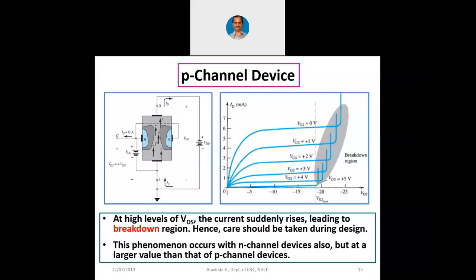Due to this reason, mobility of holes, mu p, is nearly half of mobility of electrons, that is mu n. That means mu n is equal to 2 into mu p, or mu p is equal to mu n by 2. Because of this, a p-channel device will have breakdown at a lesser voltage when compared to the n-channel device. That's all.